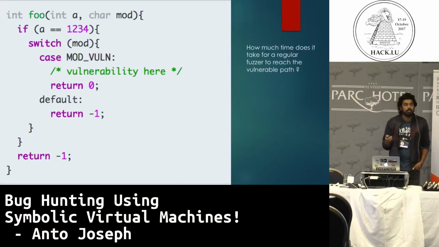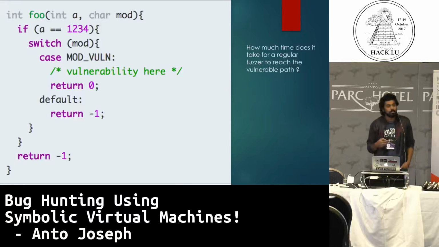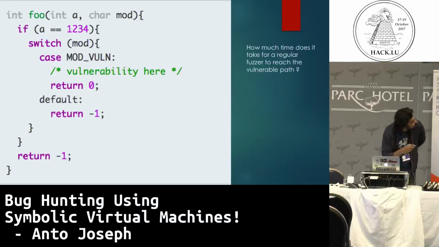Do you think a regular fuzzer would be able to hit that branch? It's a tricky situation, right? Because there is a magic comparison right here. Only if this variable is 1, 2, 3, 4, the vulnerable code is executed. Only then might it trigger the crash.